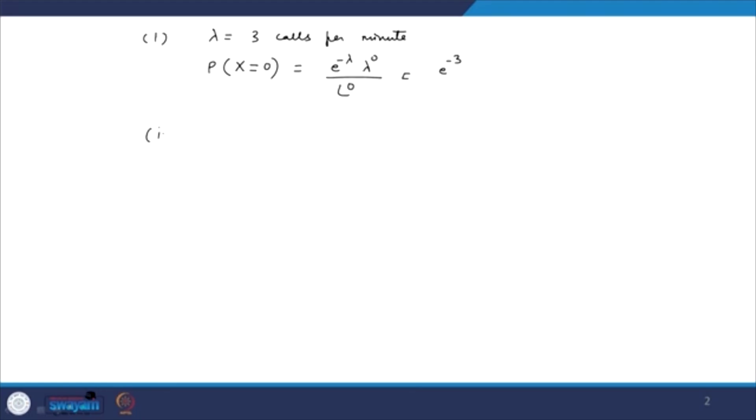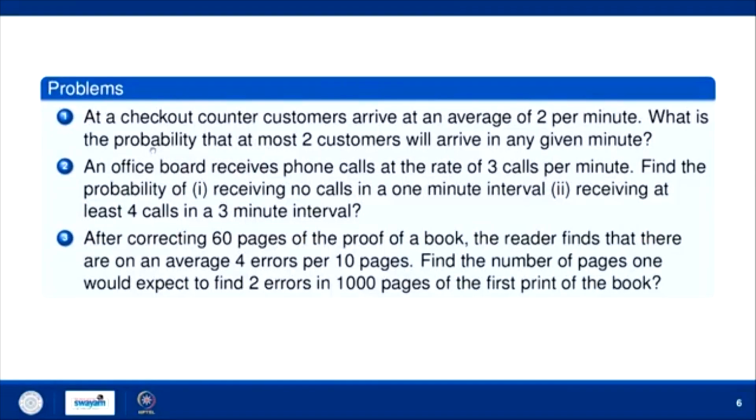Now, see the second part. In the second part we have to find the probability of receiving at least 4 calls in a 3 minute interval. Now, here in the first part lambda is 3 calls per minute. In the second part we have to compute the probability of getting at least 4 calls in a 3 minute interval.